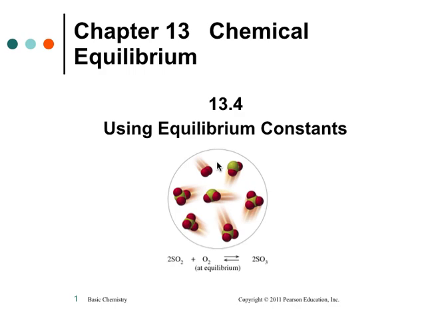The only other way I would consider is that it would be exactly equal, where your arrows would be equal in size and length, I guess, if there's the same concentration of products and reactants, along with their coefficients. It would have to be something unusual for it to be exactly like that. Normally, it's going to be one way or the other. You're going to make either a lot of products or a lot of reactants.